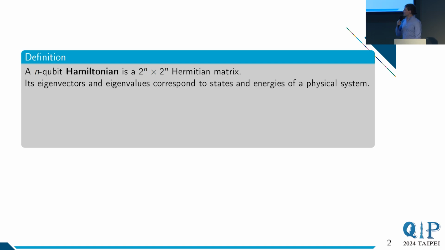So just to review the basics, we're going to be interested in Hamiltonians, which are exponentially large matrices. And we're interested in their eigenvectors and eigenvalues because those correspond to states and energies of some physical systems.